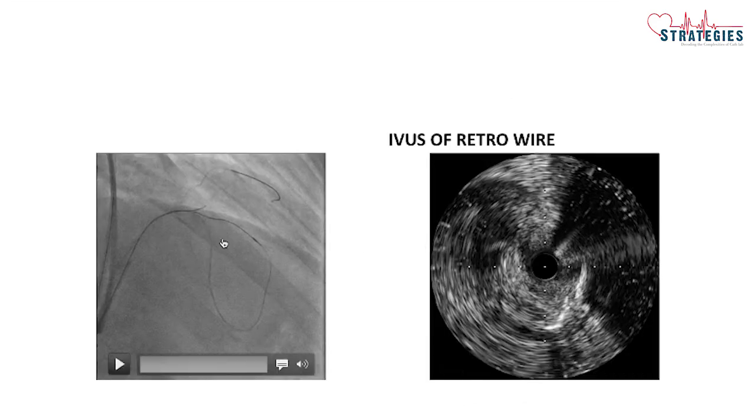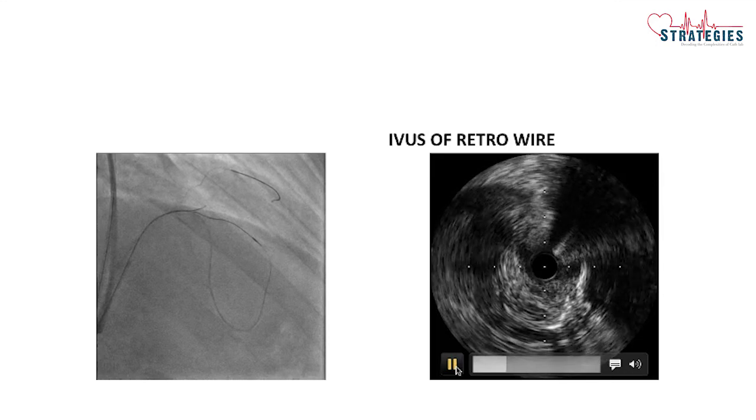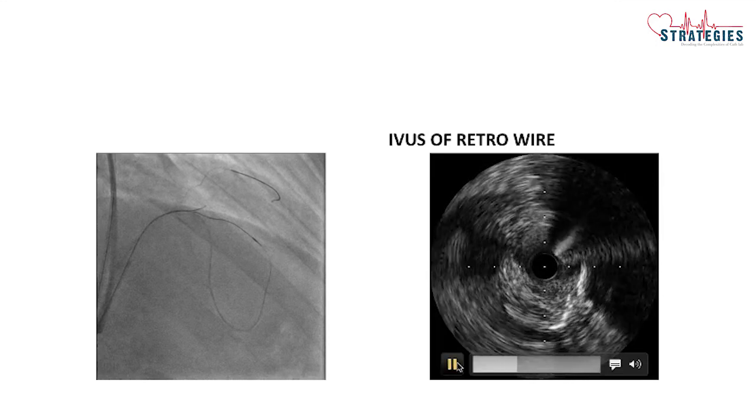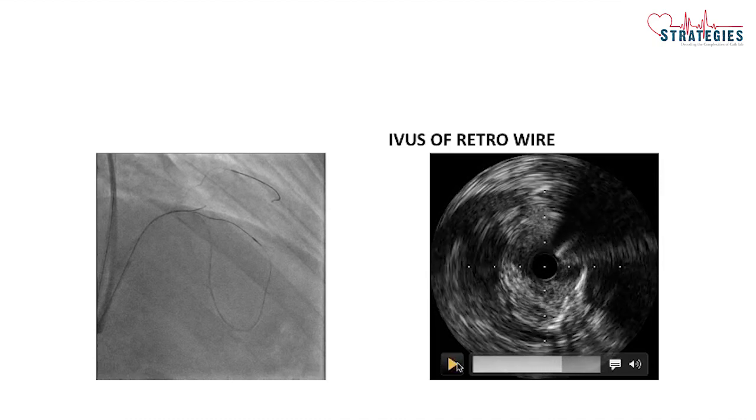What IVUS showed, I'll just show you here. So this is the IVUS from septal to LAD. This is the proximal LAD. If you see, this is the lumen and this is the IVUS catheter, and this is the IVUS wire, and this is the Caravel catheter, which gives a huge shadow.